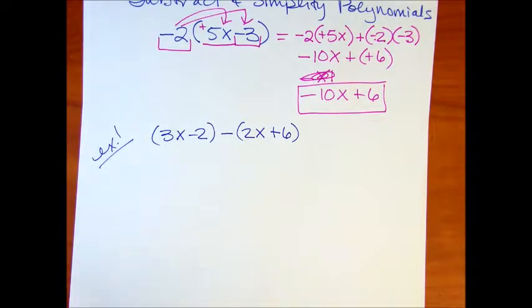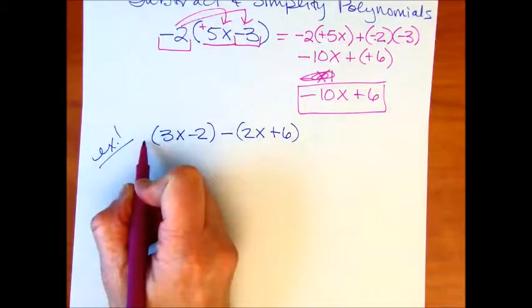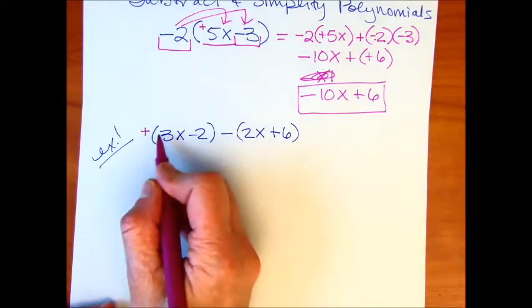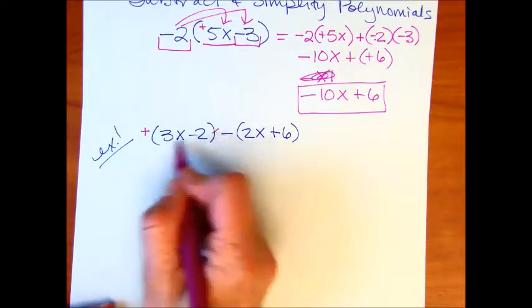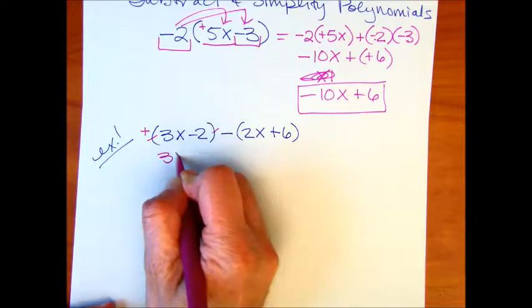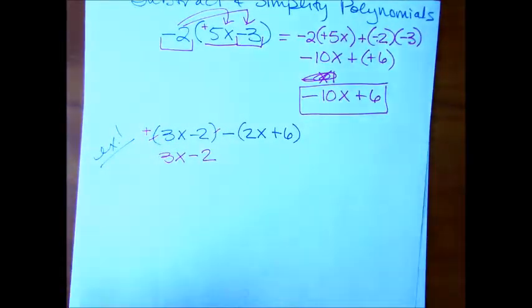Now, notice that in front of the first group we do not have a sign, so we can assume that's a positive. That means we can eliminate these parentheses and just rewrite it as 3x minus 2.